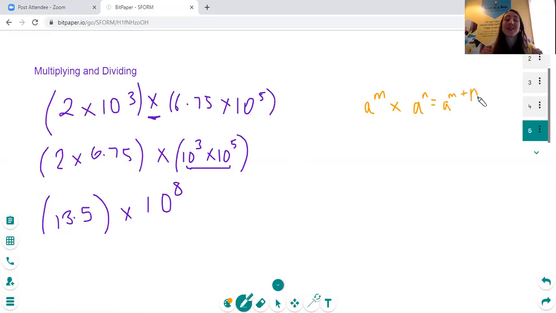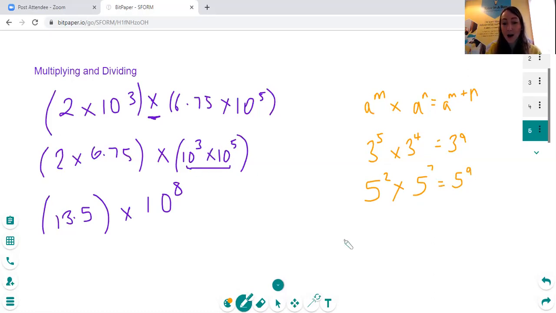So what this means is, if we have two numbers that are powers of the same base, for example 3 to the power of 5 and 3 to the power of 4, we can just add those powers. So you go 5, 6, 7, 8, 9. So that becomes 3 to the power of 9. If we had 5 to the power of 2 times 5 to the power of 7, that becomes 5 to the power of, you've guessed it, 9, because 7 plus 2 equals 9.